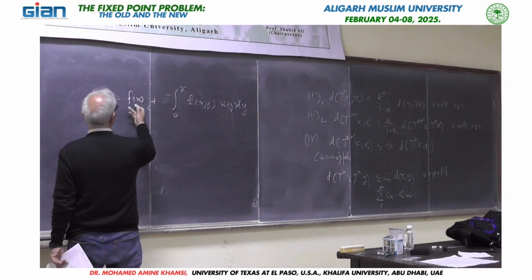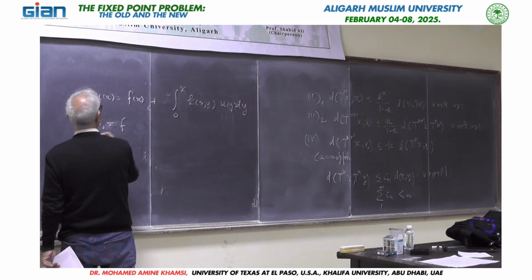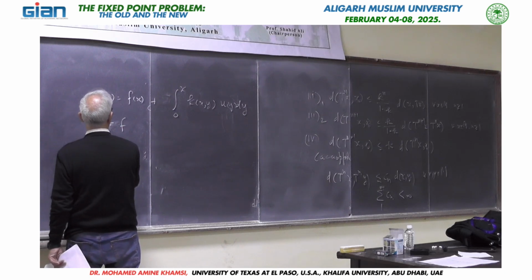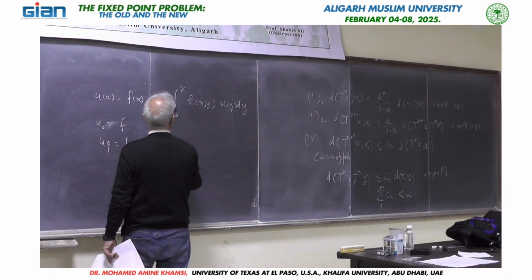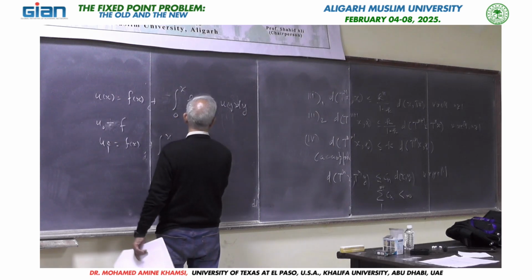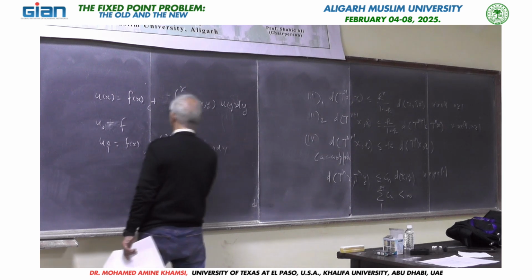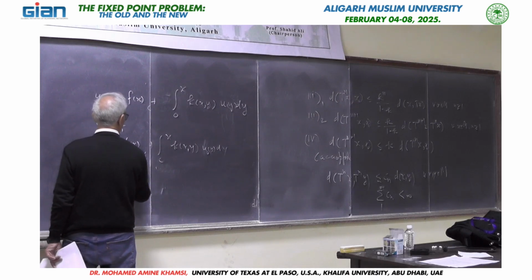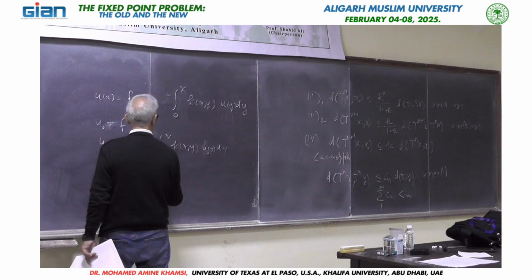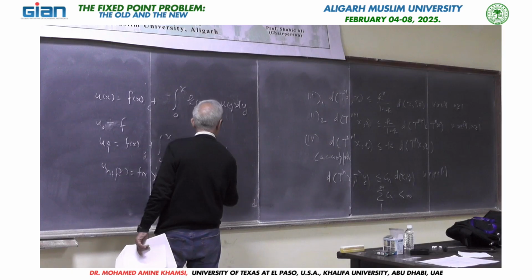You take u0(x) equal to f(x), and then define u1(x) as f(x) plus integral 0 to x k(x, y) u0(y) dy, and like that you take the subsequent iterates, u_{n+1}(x) equal to f(x) plus integral 0 to x k(x, y) u_n(y) dy.